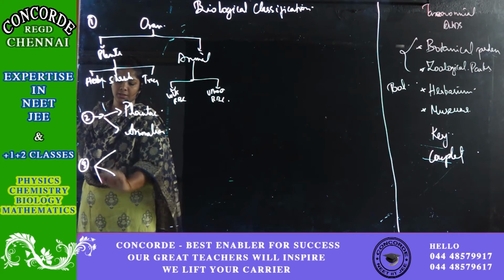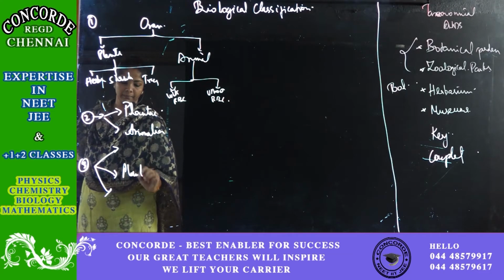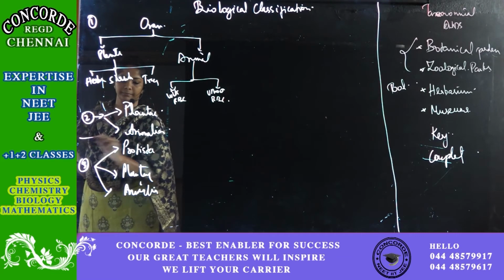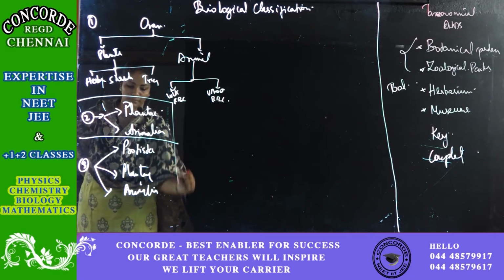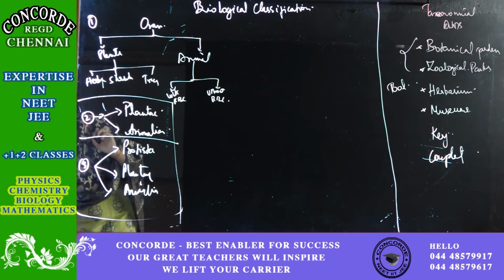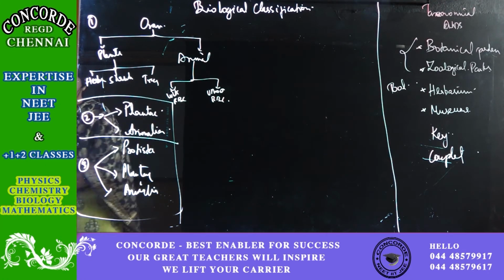In this you had three: you retain Plantae and Animalia, and the extra one is Protista. So 2 stands for two kingdom, 3 stands for three kingdom. This was the initial reference classification which they used, which is not widely accepted.